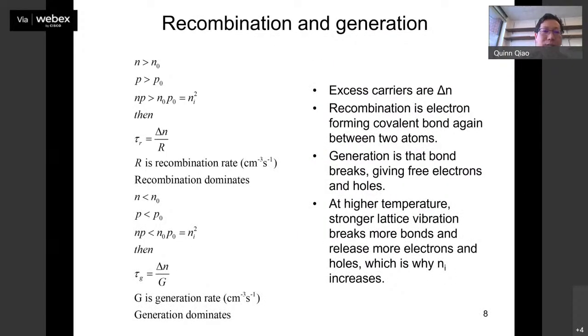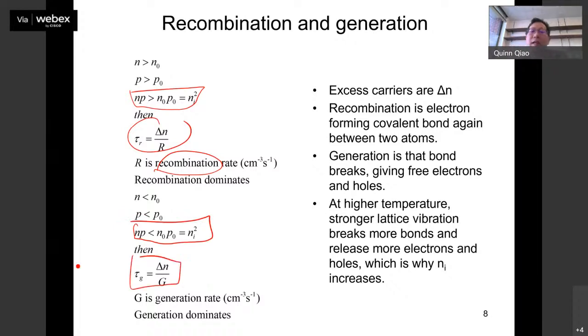I think I already talked about that. When n is bigger than n0 and p is bigger than p0, so np is bigger than n0 p0, you have recombination dominant. When n times p is smaller than n0 p0, or smaller than ni squared, you have generation.